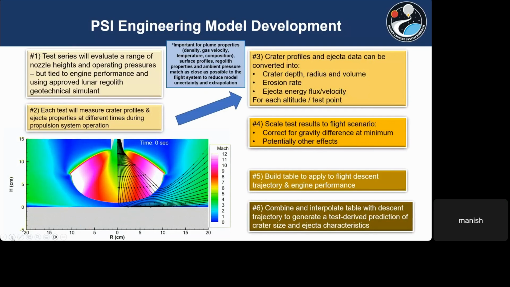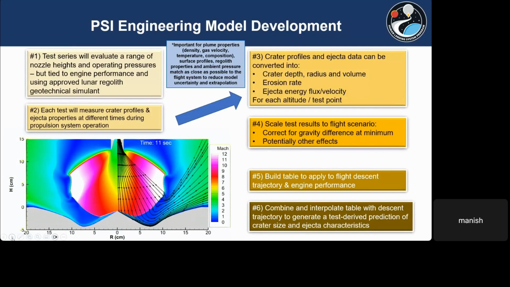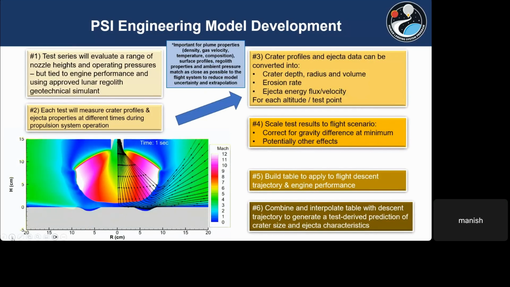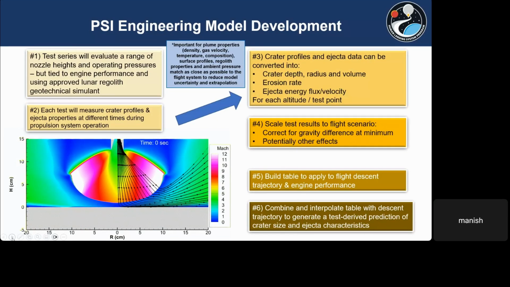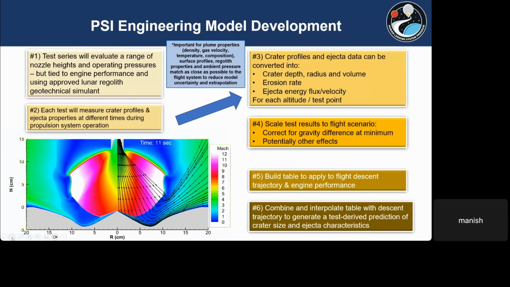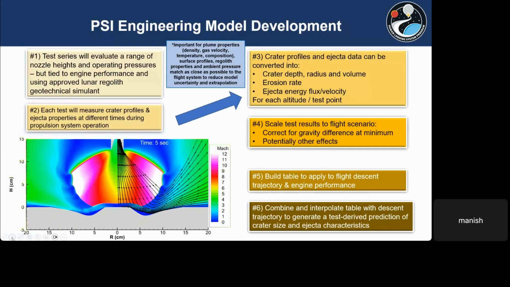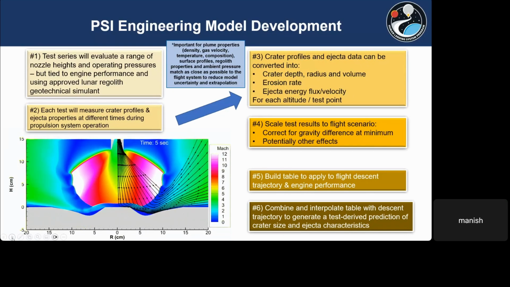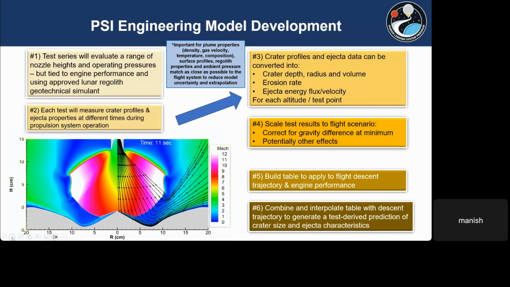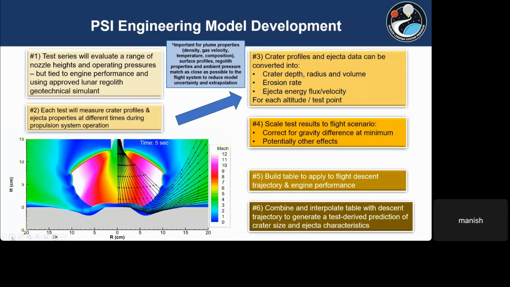So the methodology we're planning on pursuing in developing a PSI erosion model has basically 6 steps. The first is we have to have a test series, geared toward a system that is being used to land on the moon.